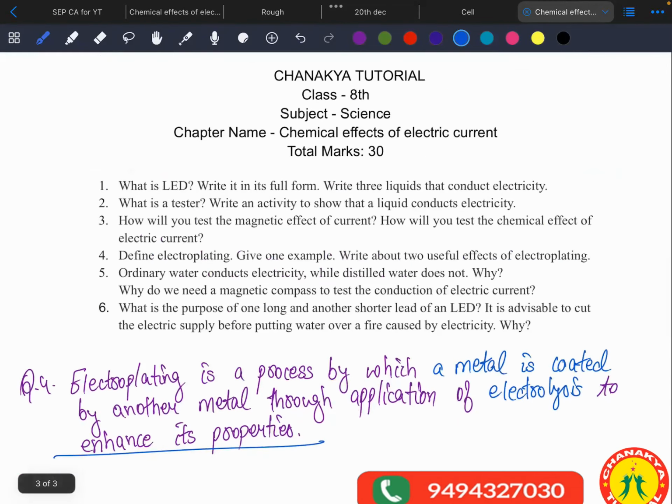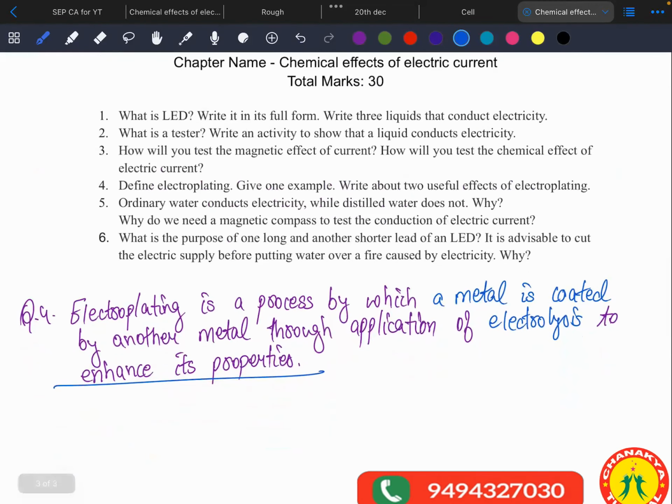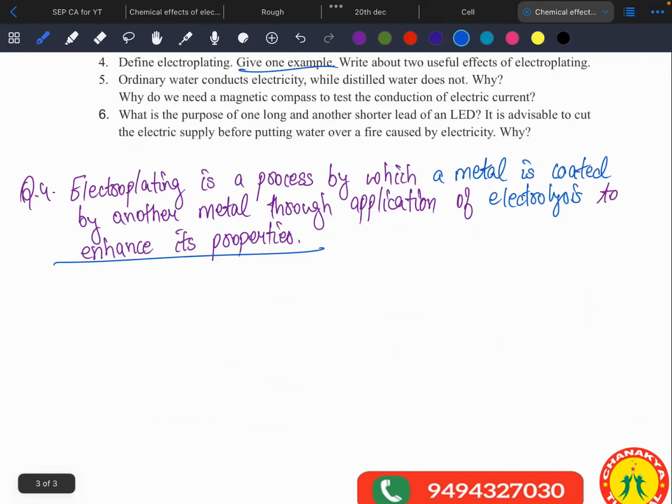So electroplating we have done with electroplating. Give one example. Okay, Ashwath, any example? Sir, zinc is coated on iron to prevent it from corrosion. Tin is electroplated on iron to prevent it from damaging the food.